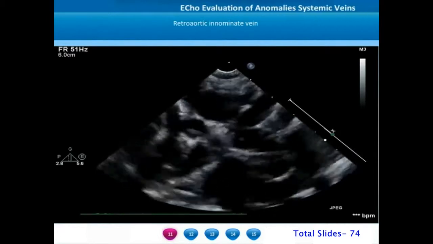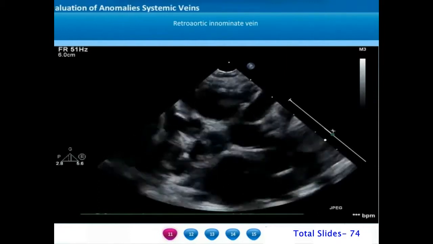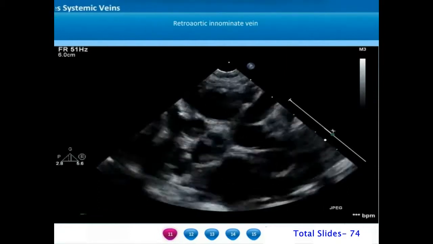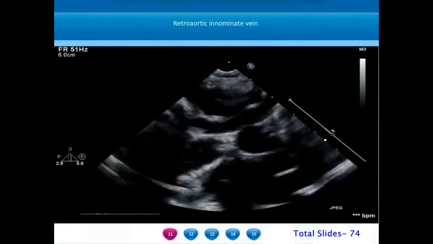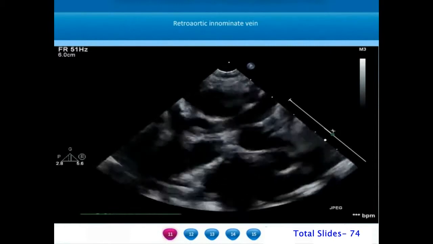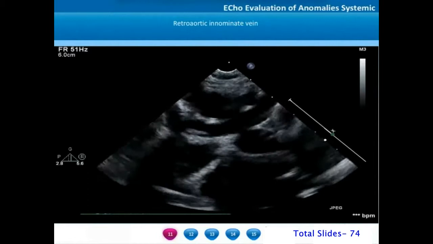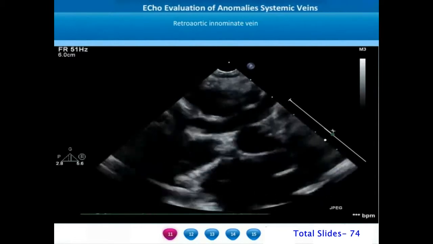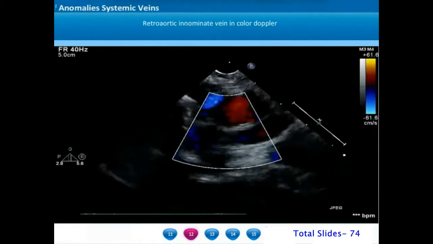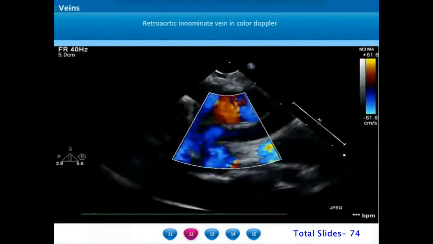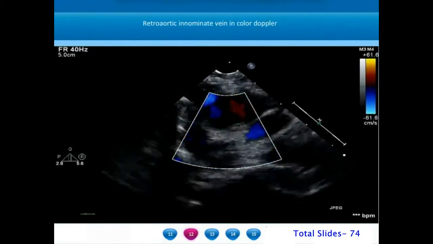We need to appreciate this abnormality because the left innominate vein may sometimes be misinterpreted as the right pulmonary artery in cyanotic heart diseases, and a wrong assumption can be made about the pulmonary artery anatomy. We can appreciate the color flows in the retroaortic innominate vein on color flow Doppler.